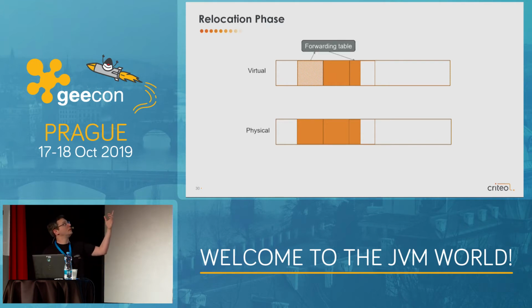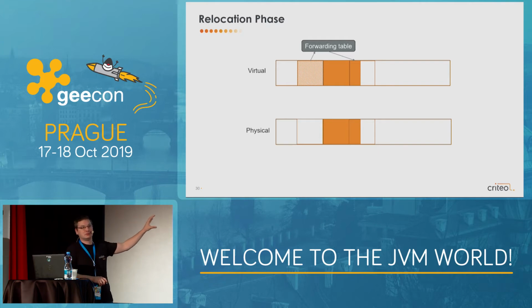So each time we access, we use this forwarding table to see where this object was relocated. We are releasing the physical page, because we have moved those objects, so it's done. But we still have the mapping for the protected virtual page.